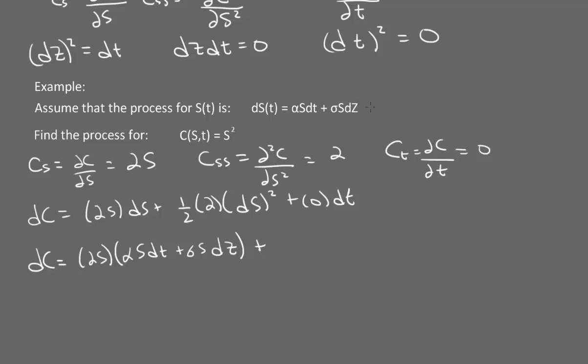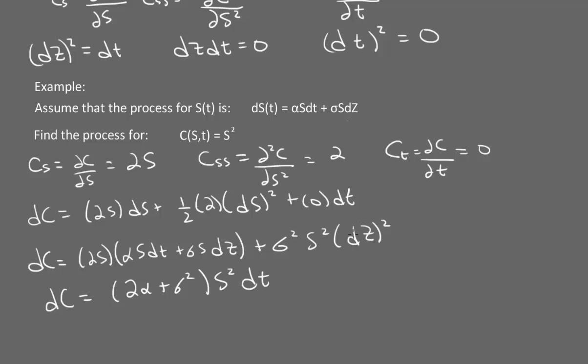Now if we take this whole term, multiply it by itself, and multiply it all out, we'll note that dZ squared is dt, dZ dt is 0, and dt squared is 0. So really all we get from this is the second term squared. So we get sigma squared S squared dZ squared. Now we can rearrange the terms here, and we will get (2 alpha plus sigma squared) S squared dt.